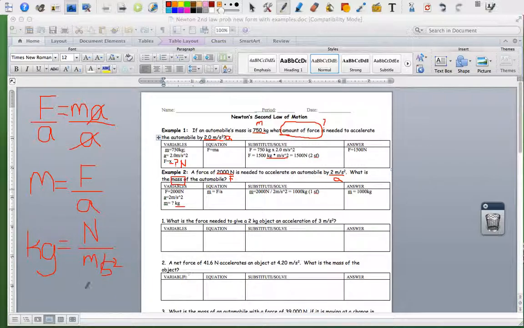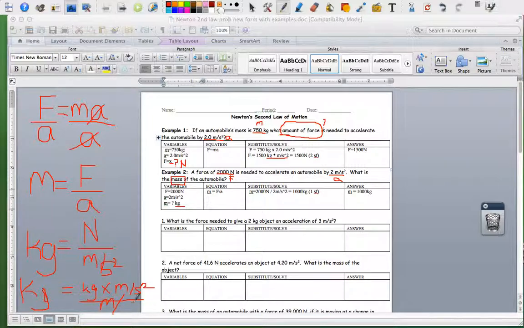In other words, we could rewrite this as kilograms is equal to kilograms times meters per second squared divided by meters per second squared.